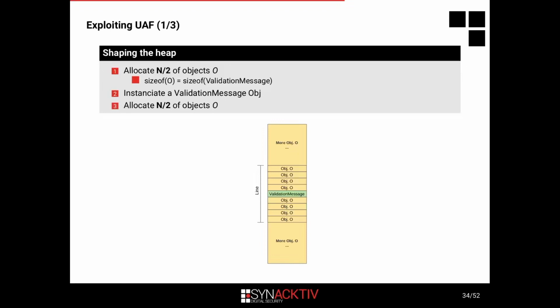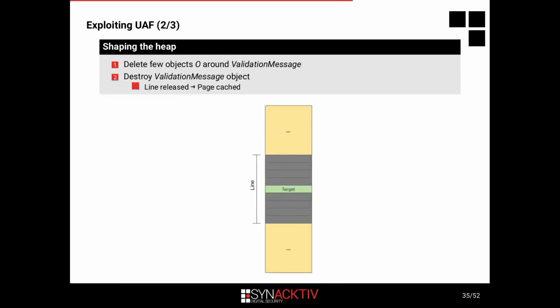We will allocate them before and after allocating a validation message. We will end up with the following memory layout. Then we can release the objects allocated before and after validation message, and the validation message itself. This will release the associated line and cache the page.